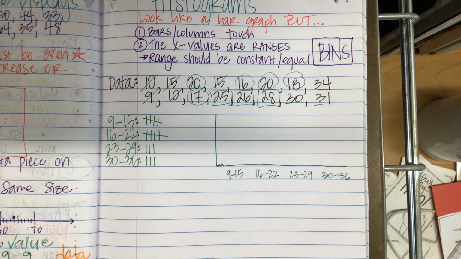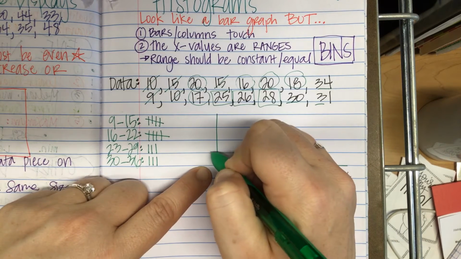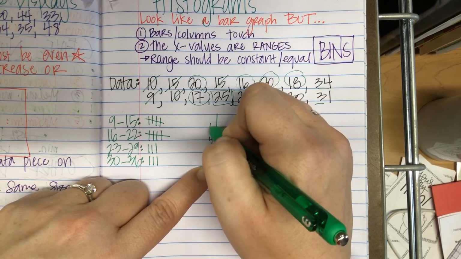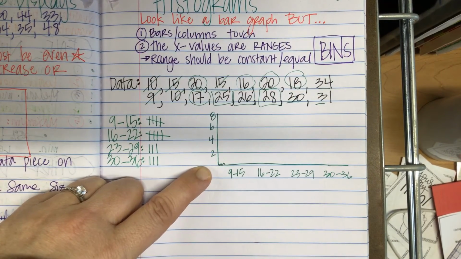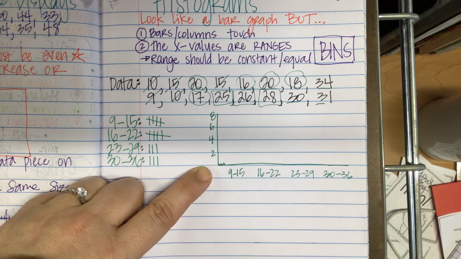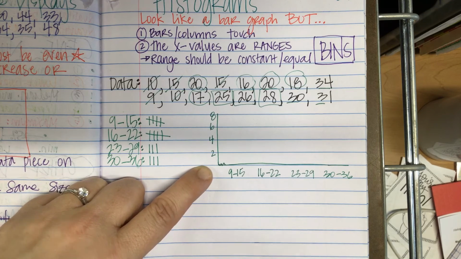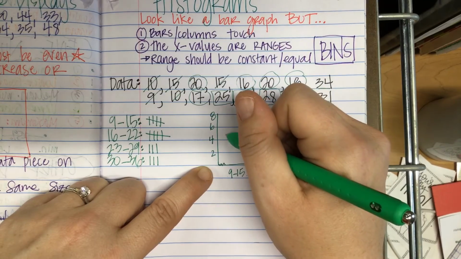Those are my bin widths that I came up with. Then let's see, 2, 4, 6, 8. Does that work? And 9 to 15 is 5.